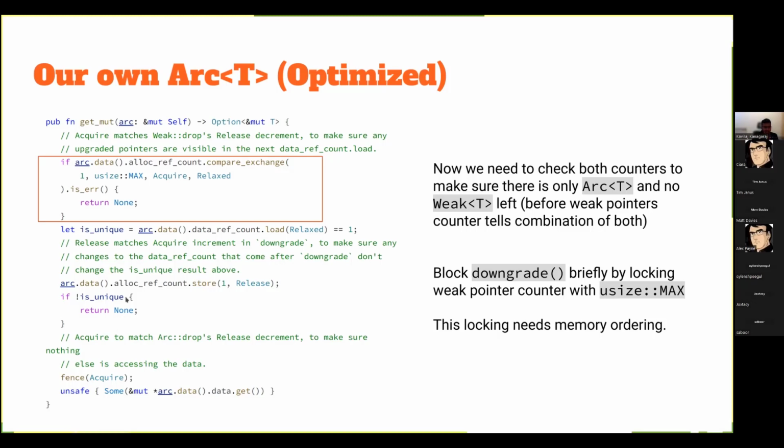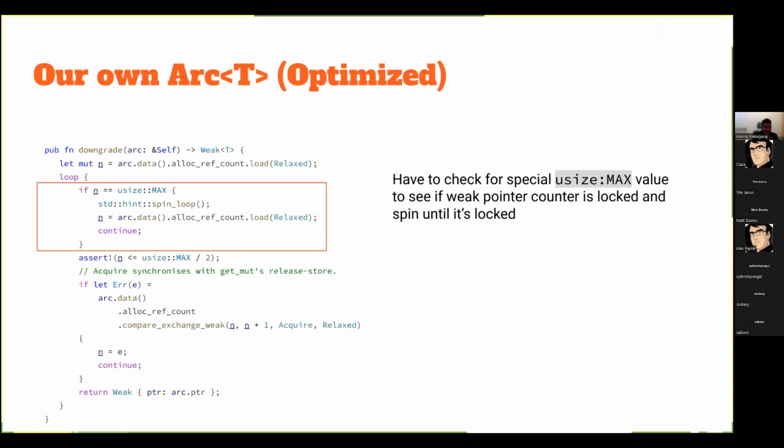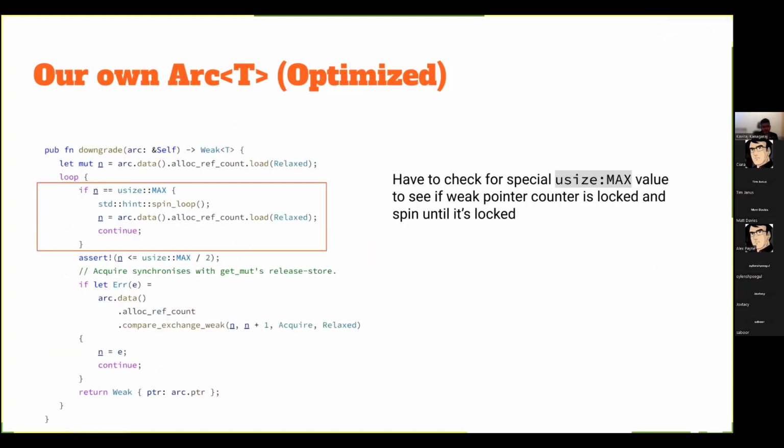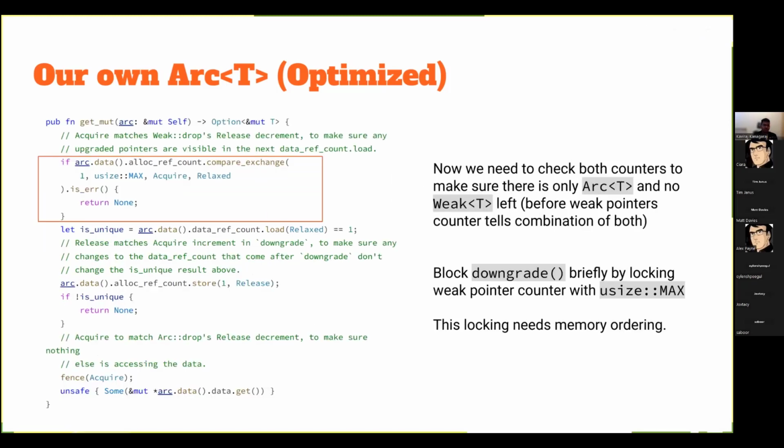I think the locking is the tricky part here. On the other side, when someone else is calling downgrade at the same time get_mut is being called, the downgrade will wait via a spin loop. It also checks for the value given by this compare exchange.